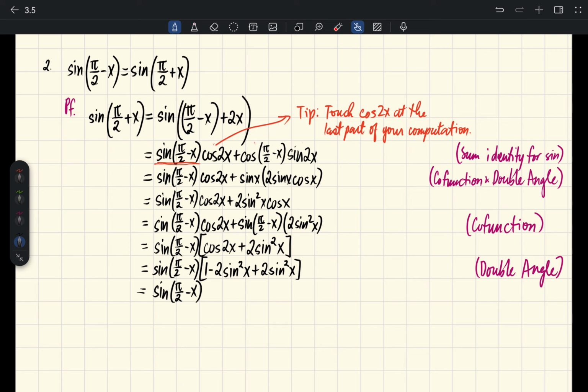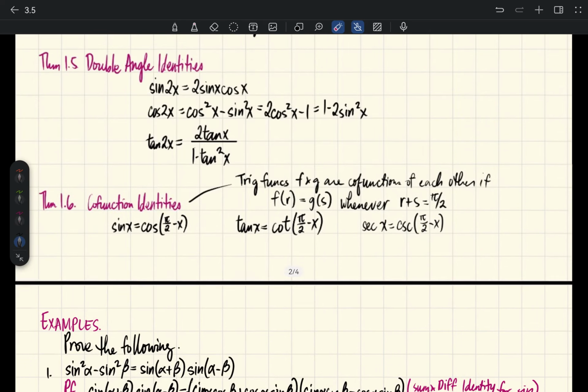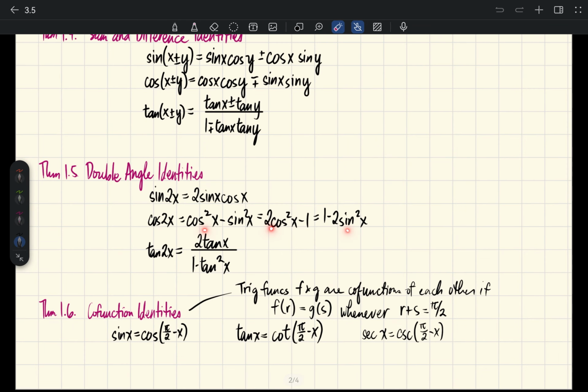So as you can see here, it really is quite helpful to touch cosine 2x at the last part of the proof, since the fact that it has 3 forms is quite problematic. If you will convert this at the very start of your computation, it's possible for you to use a not so good form of cosine 2x.